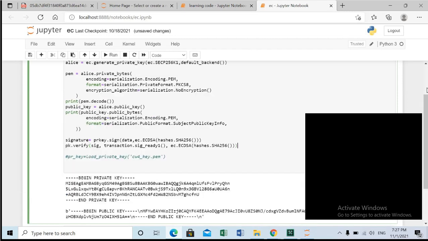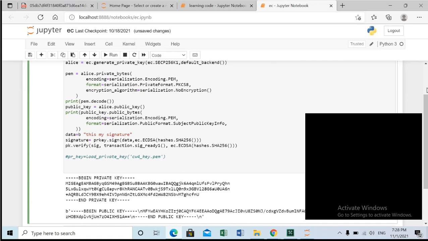Suppose that I want to sign a message. Data equals, or every other message you want to sign. It must be of type byte.